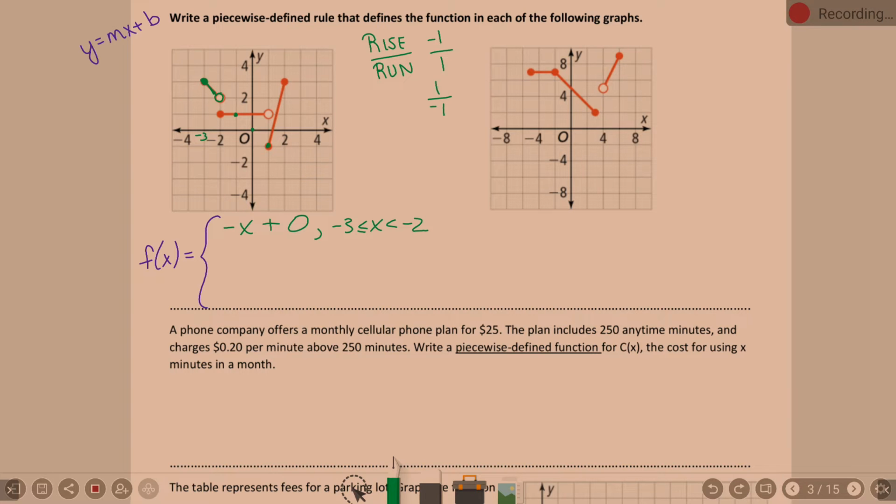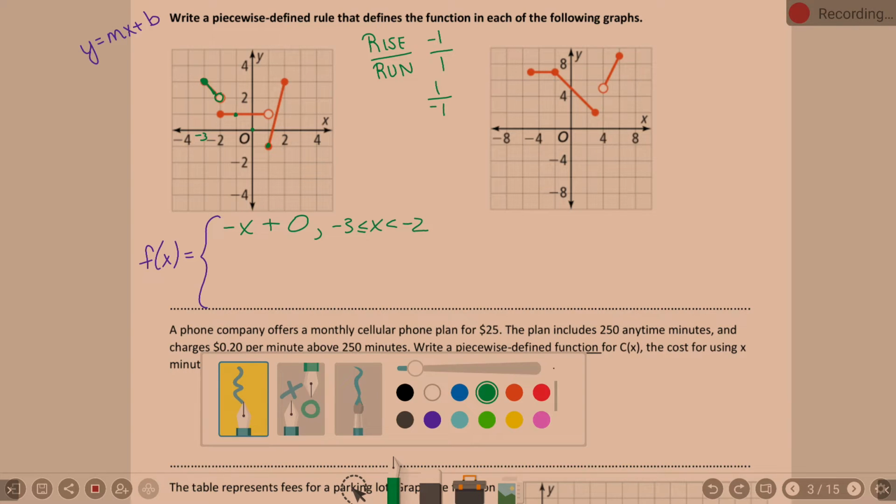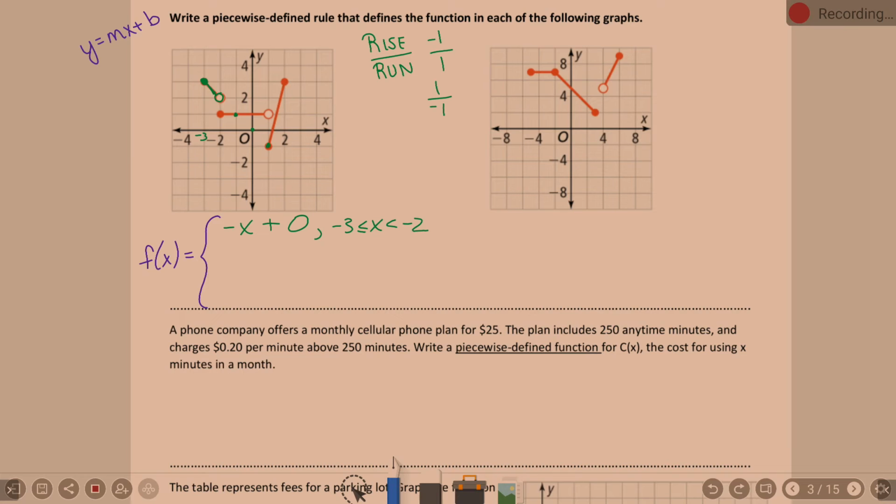Okay, let's pick a different piece and go for it. I'm going to do my middle piece now. What do you know about that? We talked about these yesterday a little bit, didn't we?